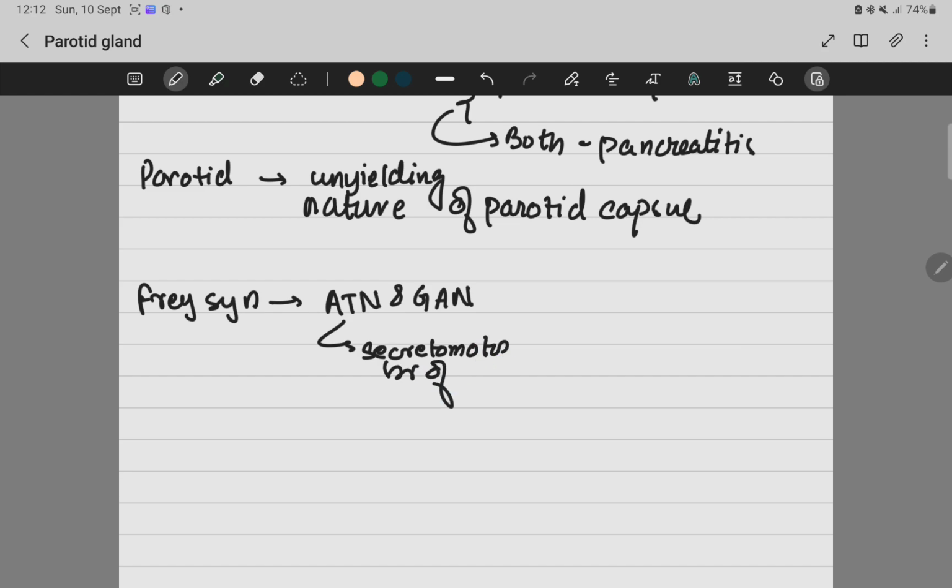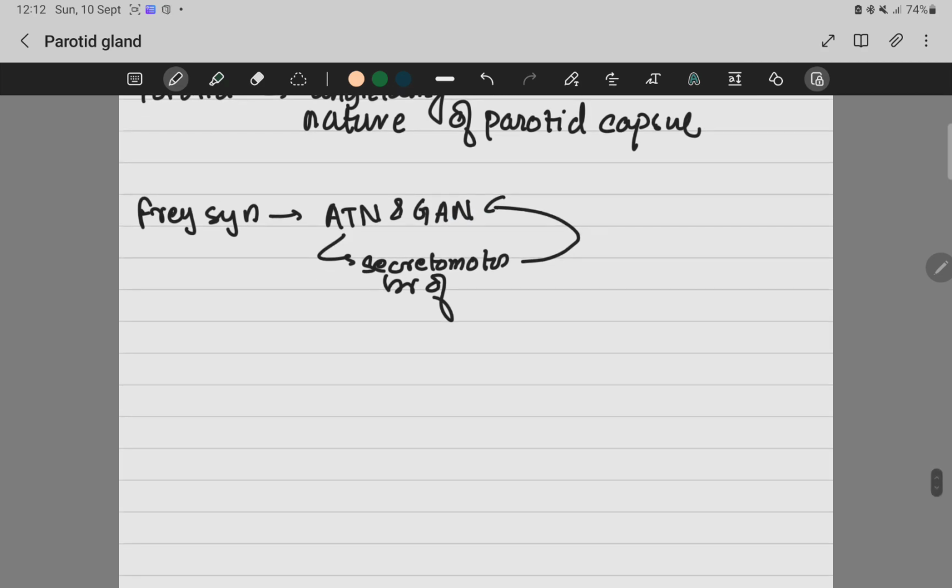As a result, the stimulation of the parotid gland causes a lot of sweating and redness in the area supplied by the great auricular nerve, which is mainly the parotid region.